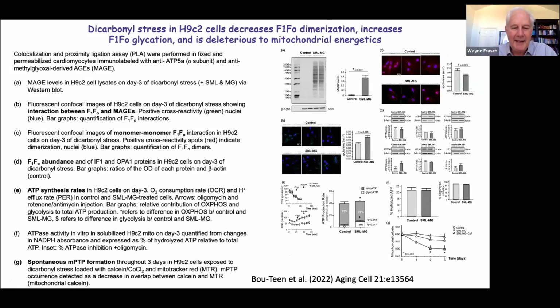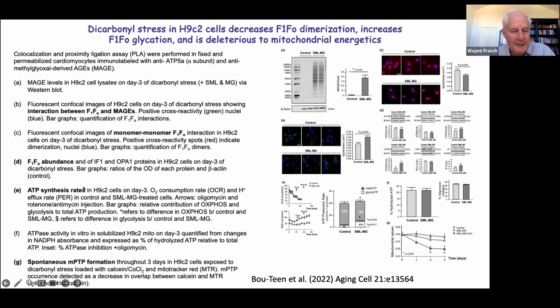Again, I got a little enthusiastic about this paper, so I wanted to share all the details. But anyway, he repeated this with these H9C2 cells, where he induced the dicarbonyl stress on purpose and gave them 3 days. Then he again repeated all these experiments, looking at the extent of dimer versus monomer F1FO, and saw that the increased glycation led to more monomers.